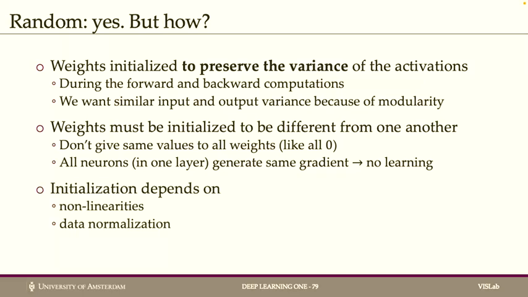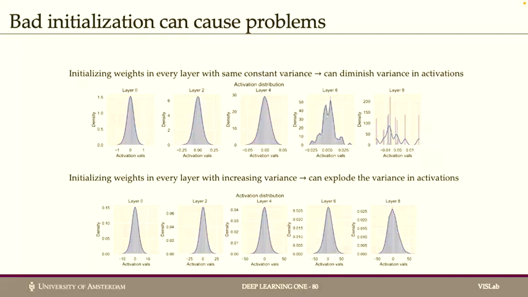And this initialization, you cannot simply pick any random distribution, you cannot pick random uniform between 0 and your favorite number, but it will depend on what kind of nonlinearities or activation functions you have in your network and what kind of normalizations you're doing. For example, if you initialize weights in every layer with the same constant variance, which seems like a normal thing to do, every weights layer is initialized as a Gaussian between 0 and 1.